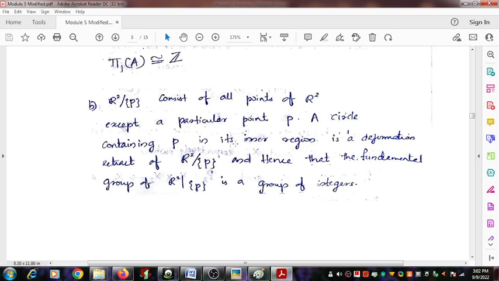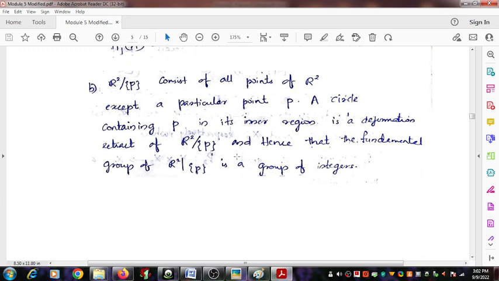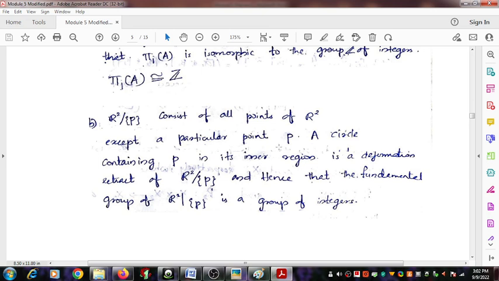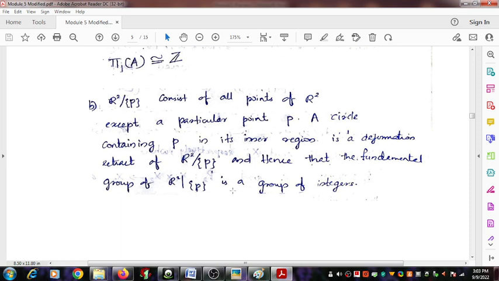Any circle which contains P in its inner part can act as the deformation retract of the space R2 minus P, and you know that the fundamental group of the circle is isomorphic to Z, the set of integers. So the fundamental group of the space R2 minus P is also isomorphic to the additive group of integers.